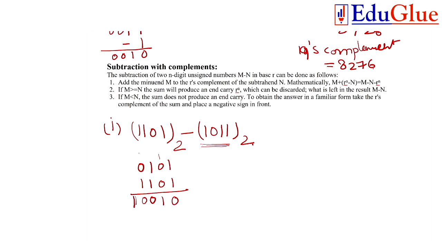Since carry is there, as per the instruction, we will discard the carry. So our answer is going to be 0, 0, 1, 0 base 2. This is according to the second step: if m is greater than or equal to n, the sum will produce an end carry which can be discarded. What is left is the result m minus n.